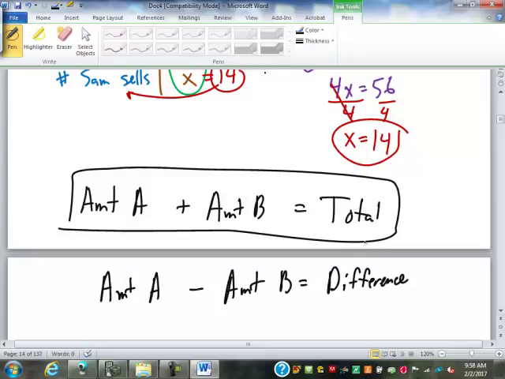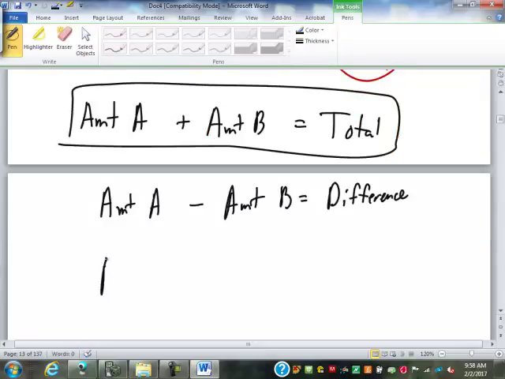We also have questions where the two amounts have to equal each other. Obviously, there's usually something else involved with each amount in those cases. So let's look at some other examples.